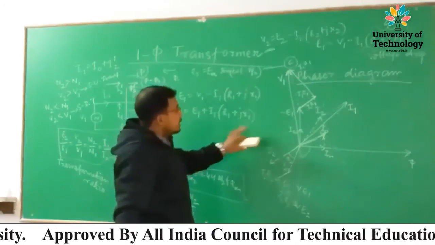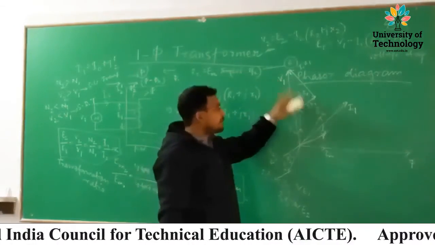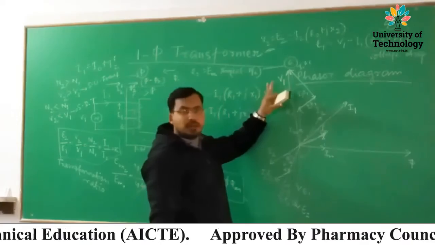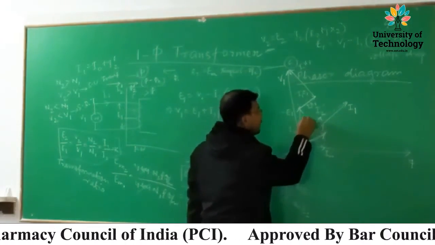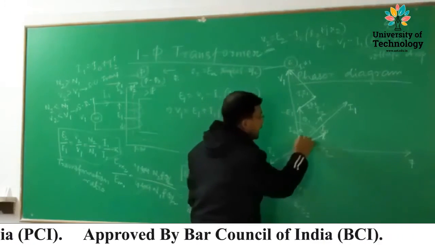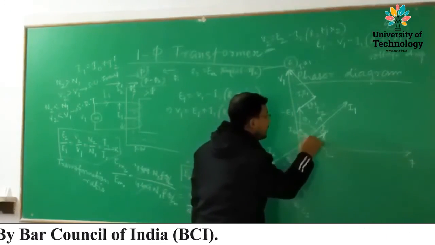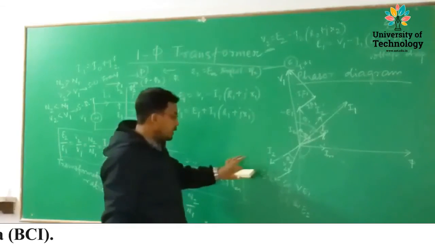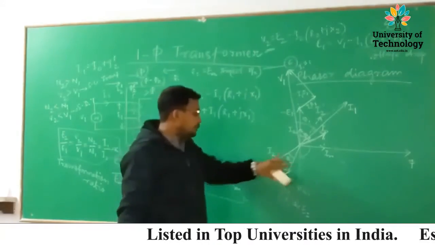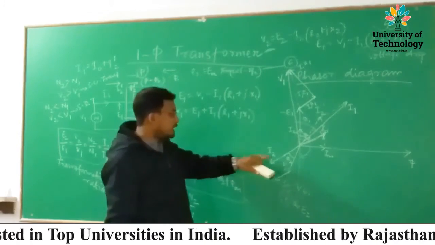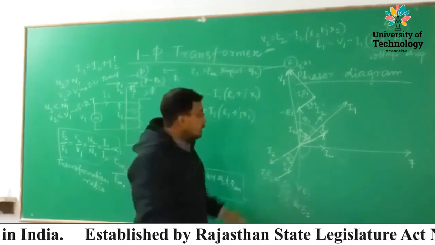So voltage V1 is the primary voltage, I1 is the primary current of the transformer, and the angle between these two is the phase angle Phi1. The angle between V1 and I0 is the no load phase angle Phi0. The angle between the secondary voltage and current is the secondary phase angle Phi2.